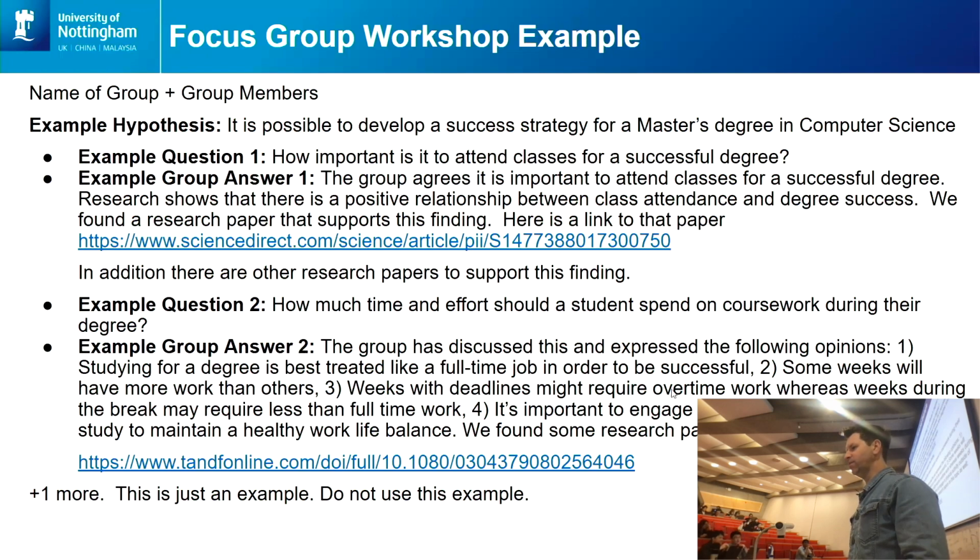Weeks with deadlines might require overtime work, whereas weeks during the break may require less than full-time work. It's important to engage in physical activity outside of study to maintain a healthy work-life balance. And we found some research papers on this topic to support our hypothesis and our findings as well. And there's a link to a research paper on this.